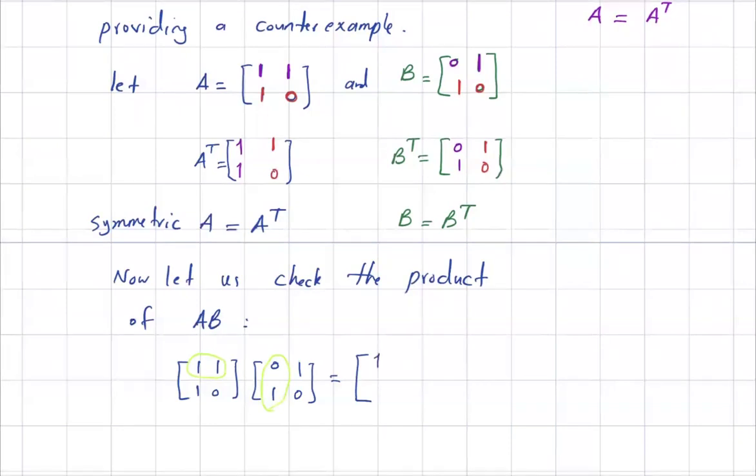So here you have 1. Then you're going to take the first row and find the dot product with the second column. You get 1 again.